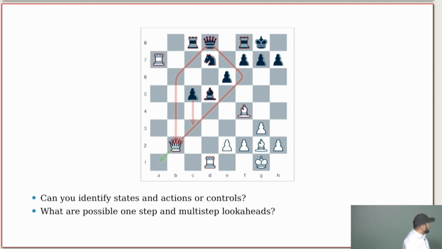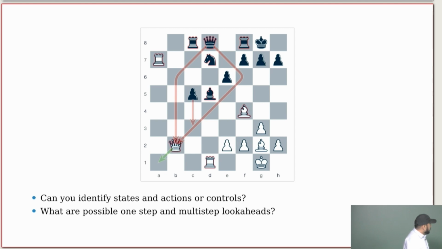Then similarly you can think about other things, because in chess there are really so many possibilities. I'm not going to go into all those details right now. For example, what if you put this here and then it gets killed by this one? So these are the one-step things that you may be planning: which moves to take, and what is your immediate gain out of that.